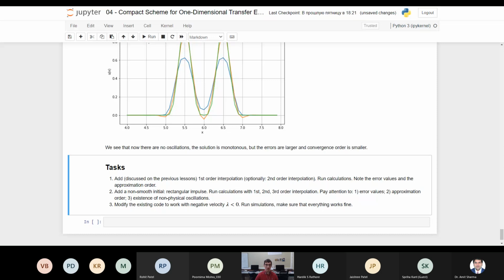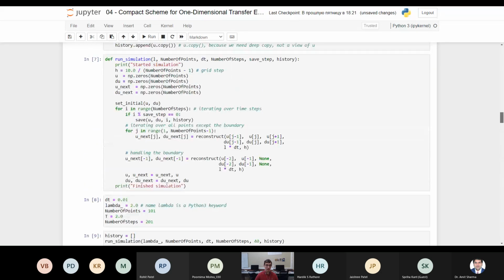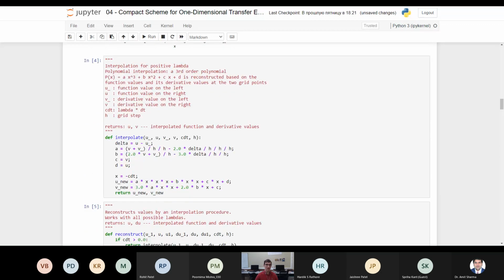The tasks for you are the following. Firstly, I suggest that you add, for example, the first order interpolation procedure. You probably have already seen it in code from previous lessons by Vasily Golubev. So basically, the interpolation procedure is defined by this function.